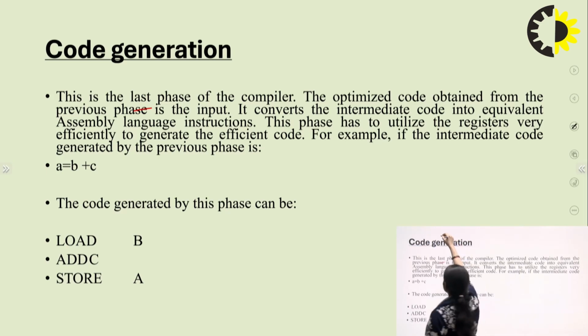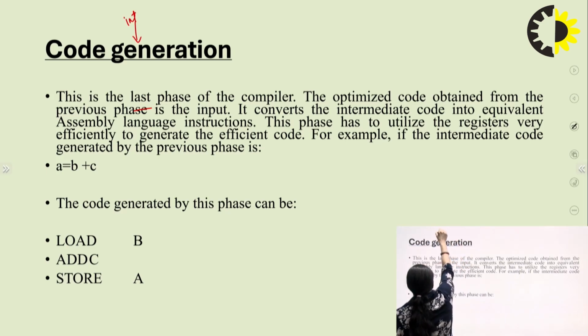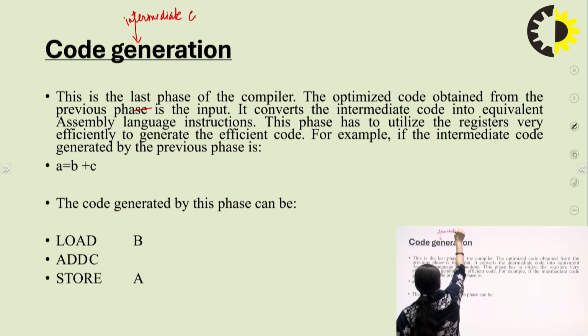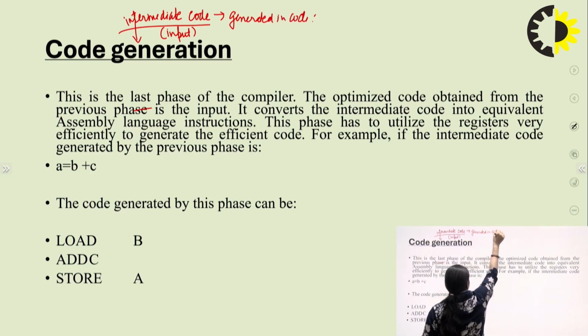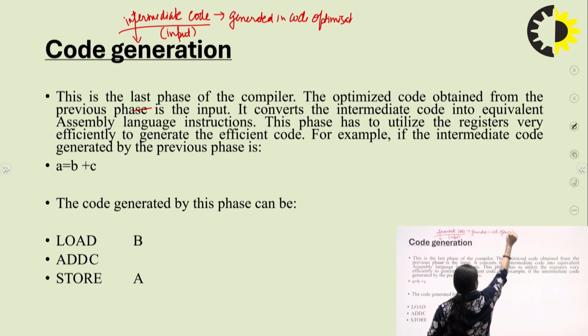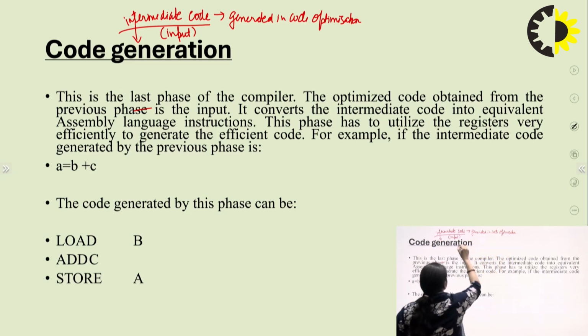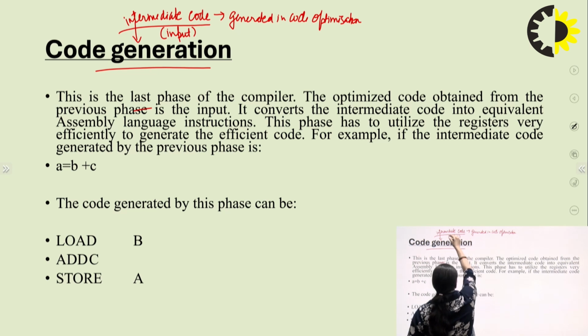So here we are receiving the intermediate code as input, but which intermediate code?